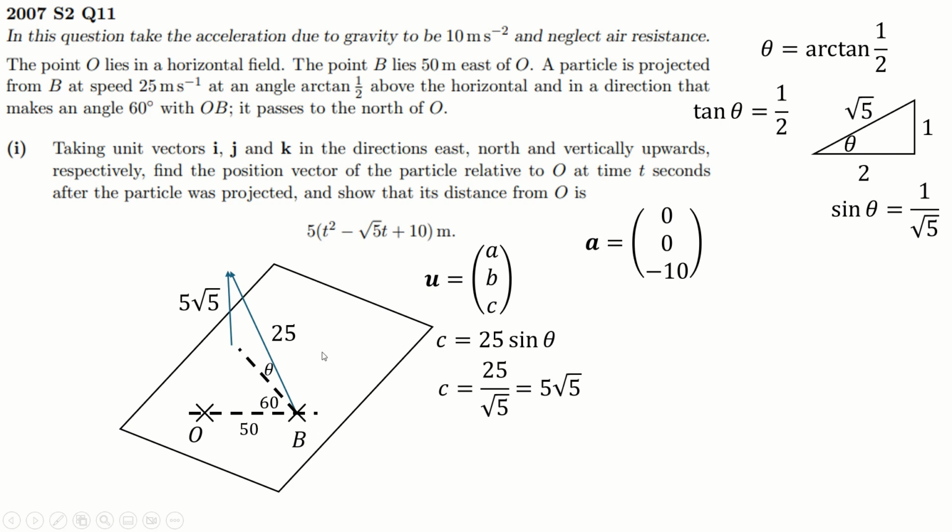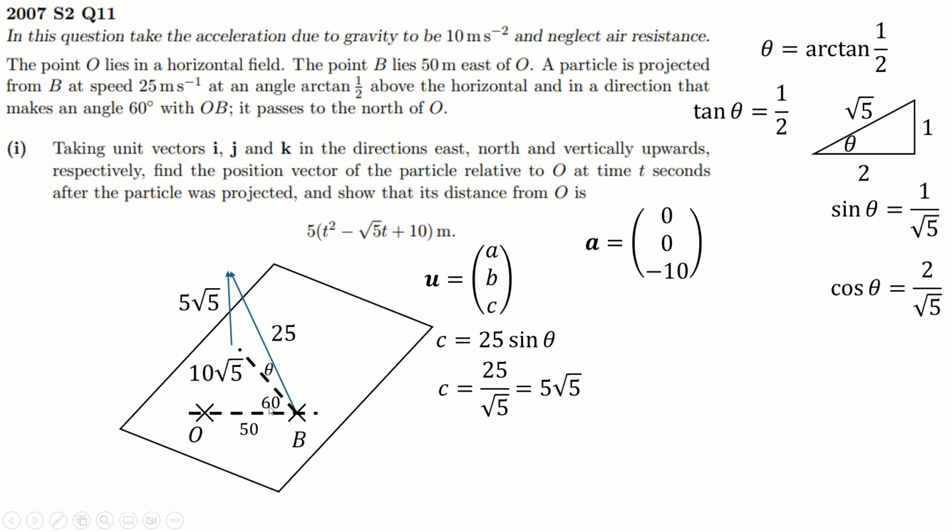No, sorry, not 25, because 25 isn't the horizontal speed. If I do 25 cos theta first, cos theta is 2 over root 5, so 25 cos theta is this. It's just double the other one, of course. Then, looking at the picture from above, ignoring all the k's and the 3D-ness, I've got my v now, and this component will be v cos 60, and this component will be v sin 60.